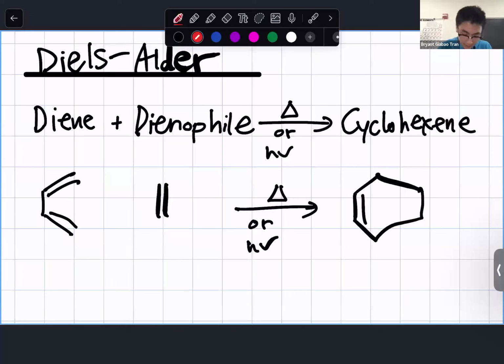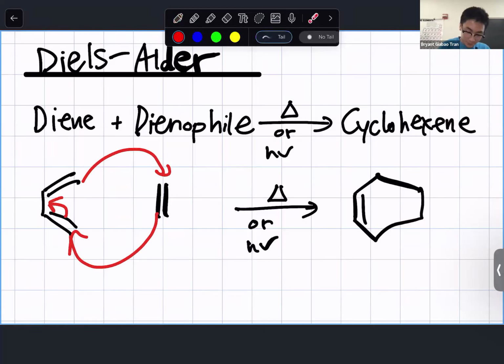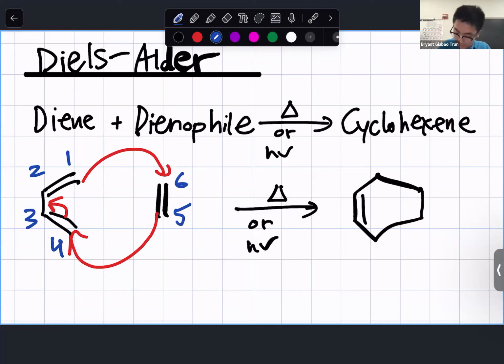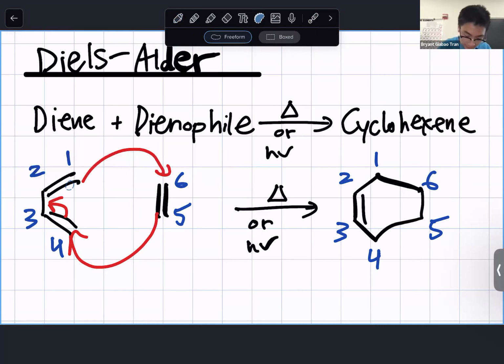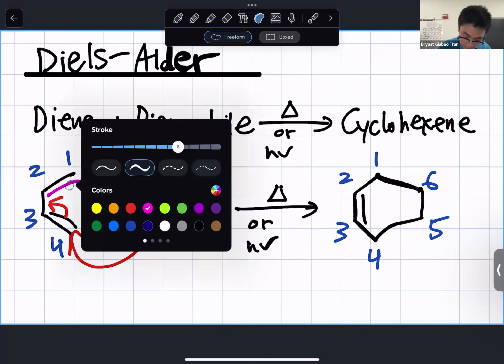So the mechanism of this is going to look something like this. That's it. That's the mechanism. Let's number this 1, 2, 3, 4, 5, 6. It might make it easier if I color code these bonds. Let's say that this bond right here is pink.